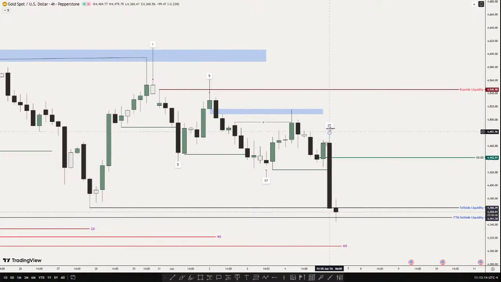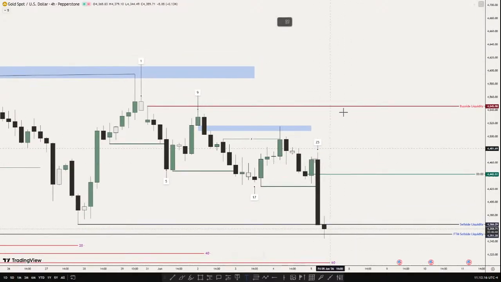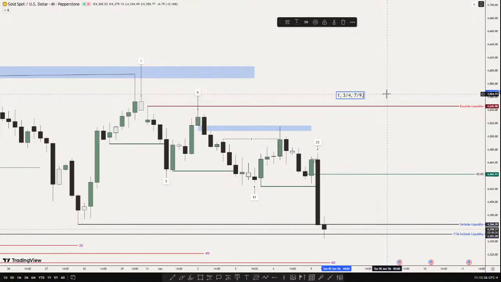Why is this 25 important? Since we know there are two sequences that we look at, which is 1, 3 slash 4, 7 slash 9, 11 slash 13, and then 21.